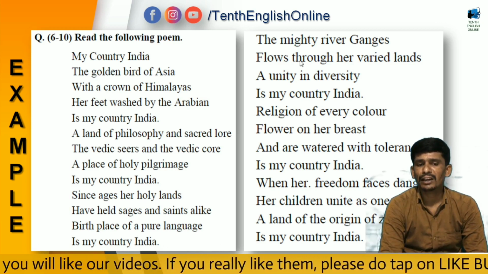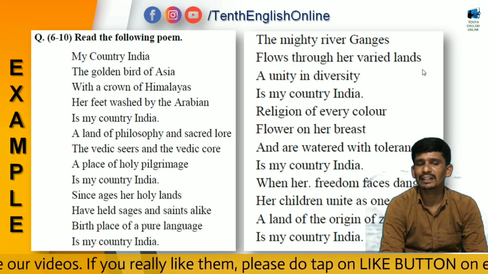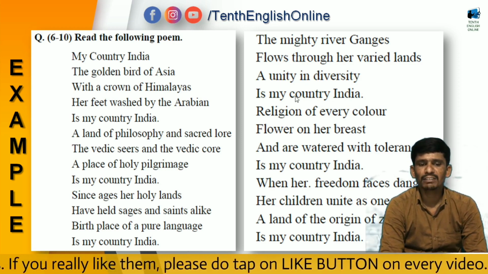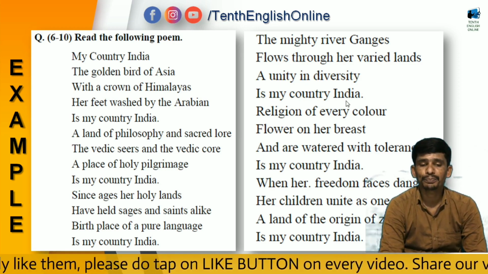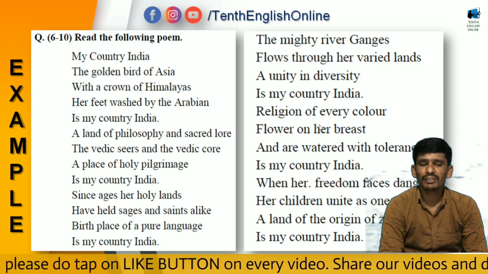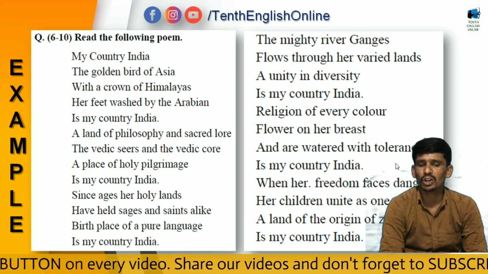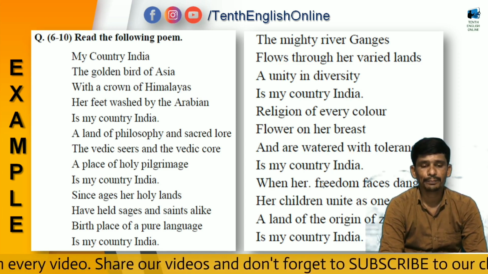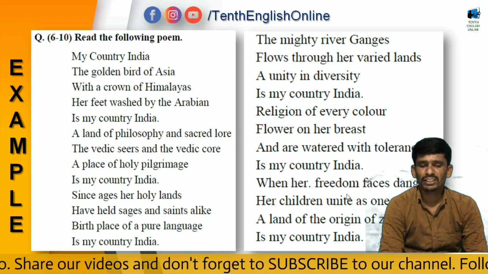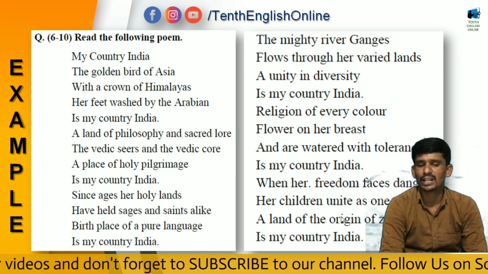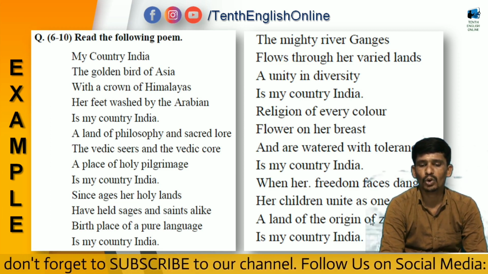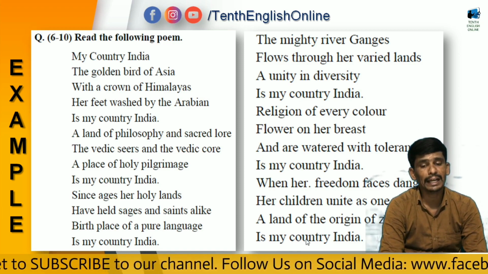Mighty river Ganges flows through her varied lands. A unity in diversity is my country India. Religion of every color flower on her breast and are watered with tolerance, is my country India. When her freedom faces dangers, her children unite as one. A land of the origin of zero, is my country India.